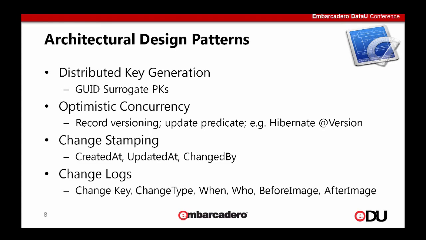If somebody has snuck in while we were editing the record and made a change, then the version ID will be different, and the predicate on the update, it says where version number equals 3. If that version number is 4, the update will miss, and we'll get some feedback that there was a collision. And so that's a good way to make this happen in a distributed environment.